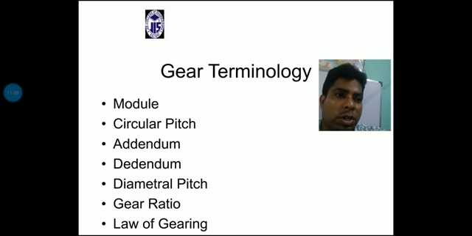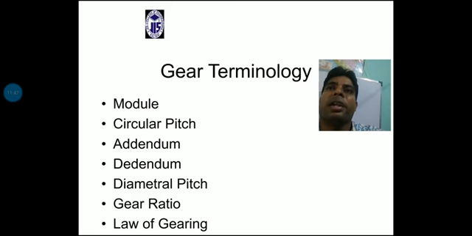Obviously the teeth will be fully connected with the teeth of the second gear. The circular pitch is denoted Pc, where P means pitch and c means circular. Pc is equal to pi D by T. Pi D is the total periphery of the gear, divided by the number of teeth of the gear.